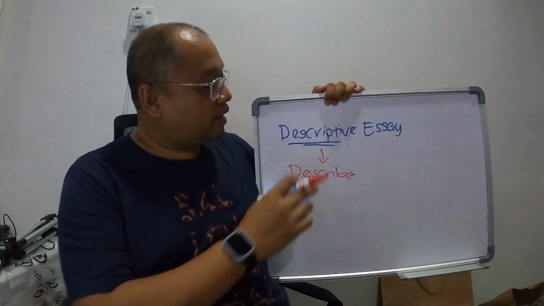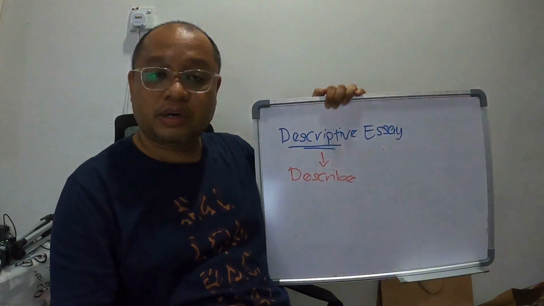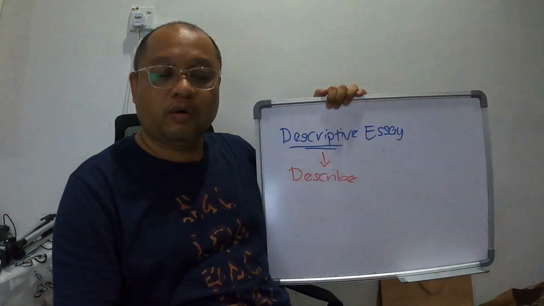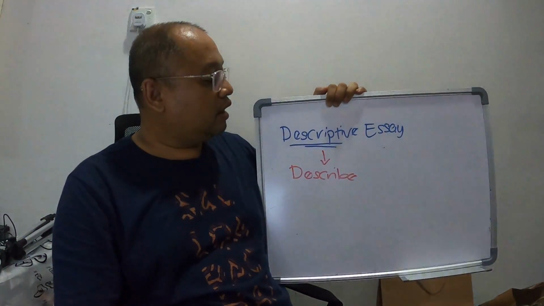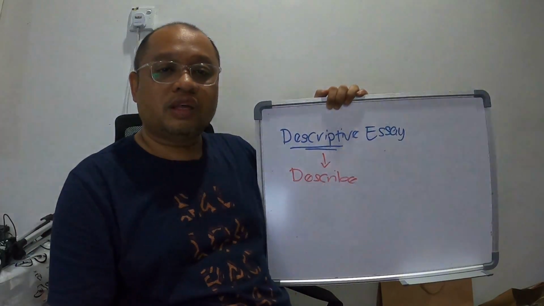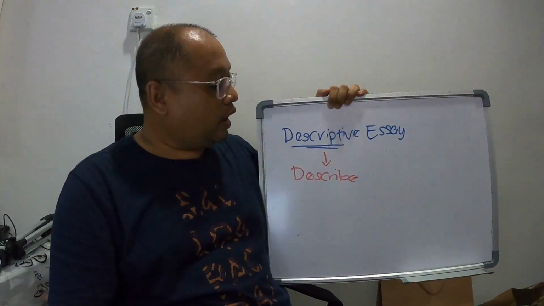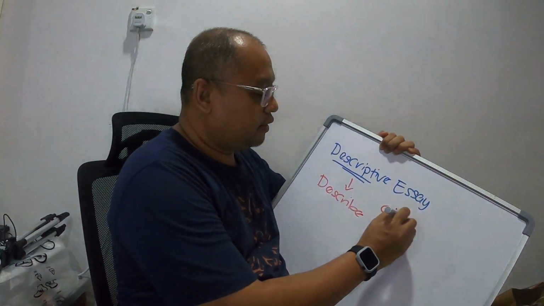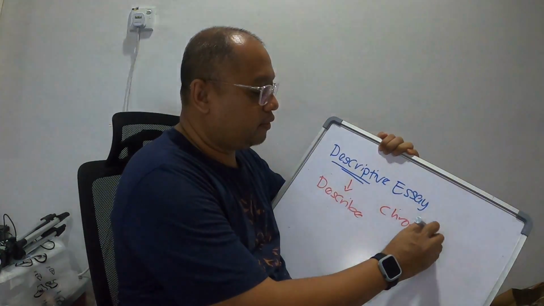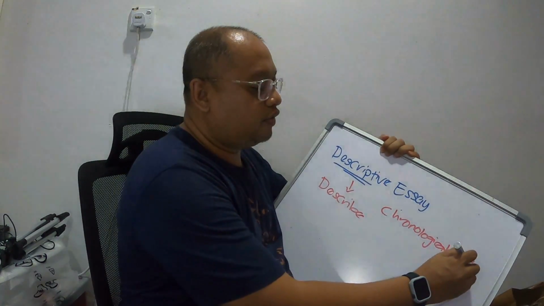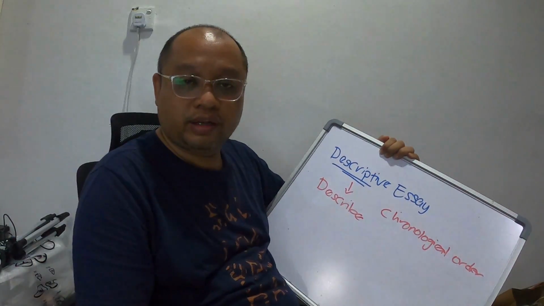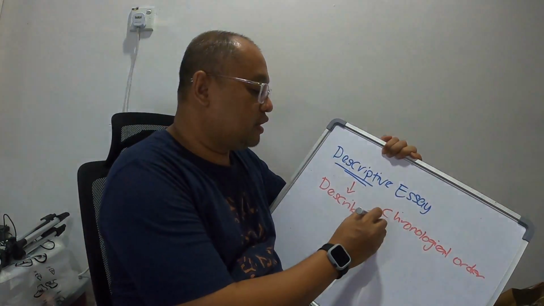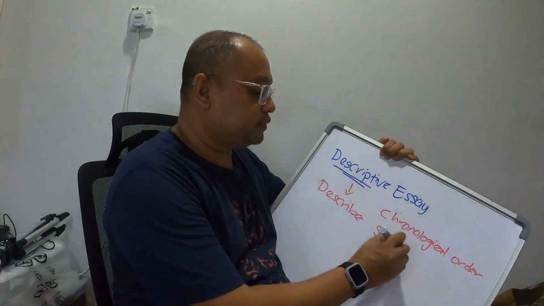So when you are describing a person or an event or a program, there are three methods or approaches that you can use. One is to follow the chronological order. Another one is to use the space order.